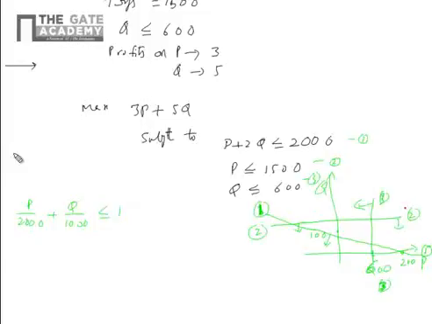Next, what is the feasible region? Is there any greater than or equal to constraint? No, all are less than or equal to constraints. This is the feasible region. At each corner point, calculate the Z max.